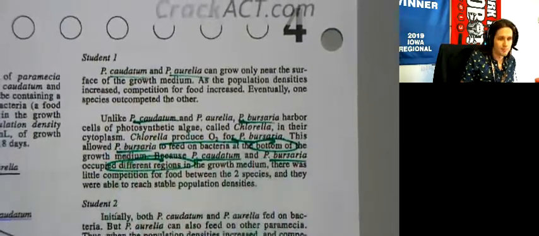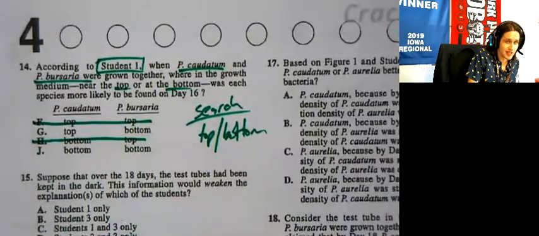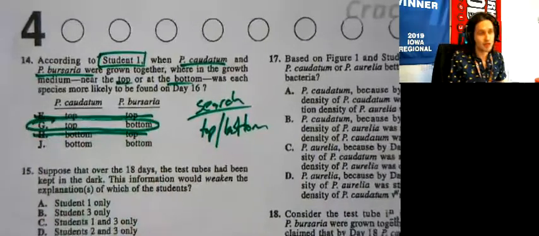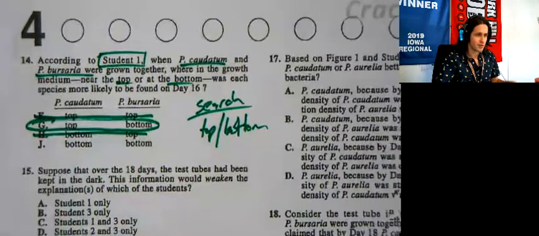Bursaria is on the bottom, and they're different. Do I have to know anything? No. Bursaria is on the bottom, so I cross out F and G, and that was told different. Excuse me, F and H I'm crossing out, so I'm keeping G where they're on different sides. Great. So green, let's go to red or something.